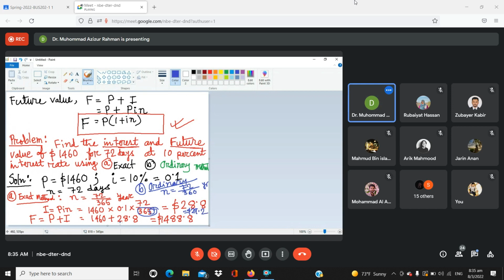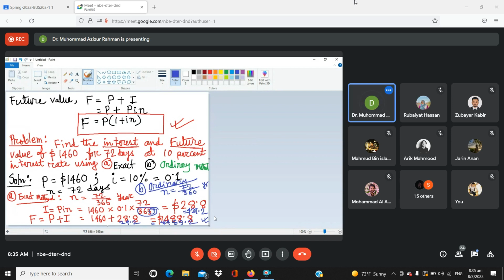And what is your total amount then? 1460 plus 29.2. So how much? 1489.2. This should be your future value by the ordinary method.